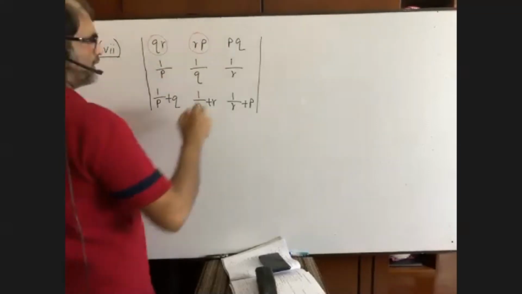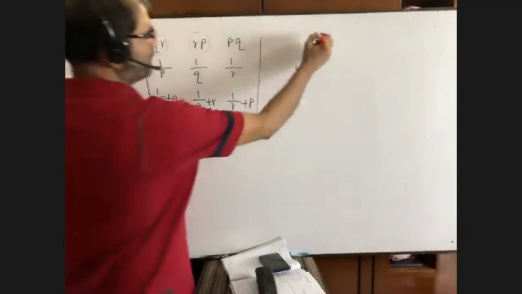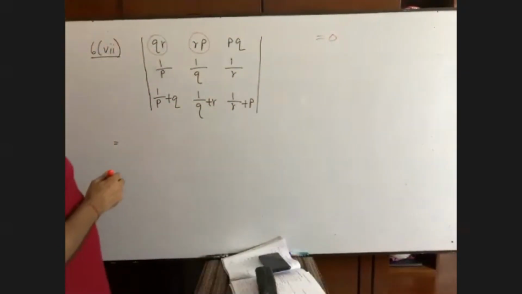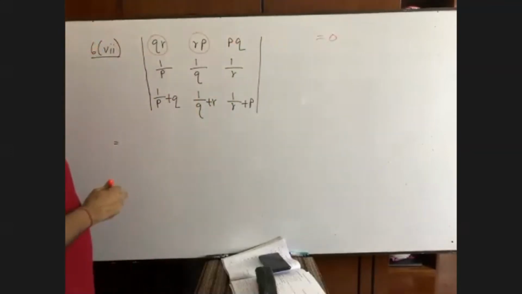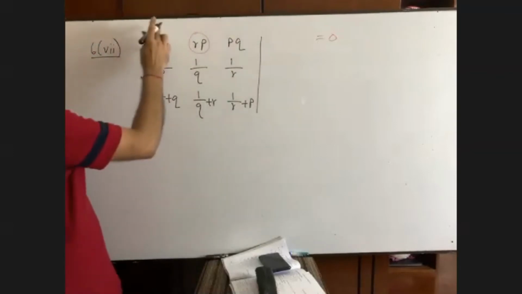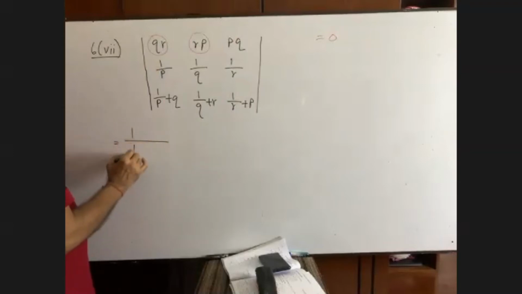Out of PQR, we are left with R only, right? So what will I do? I'll multiply it by P. I cannot multiply unless I am taking P here.